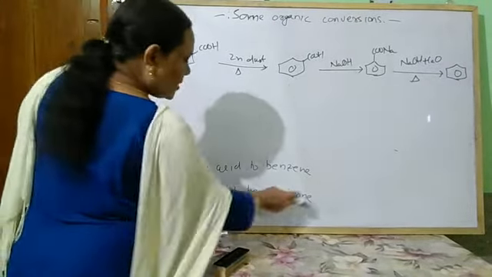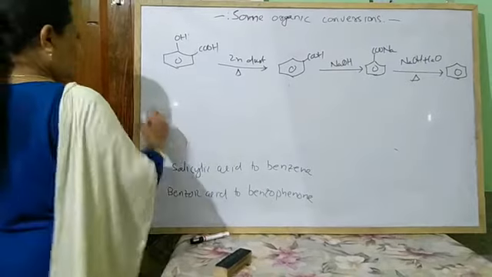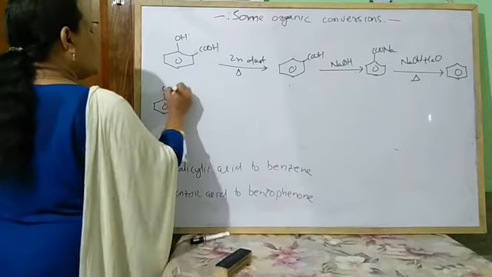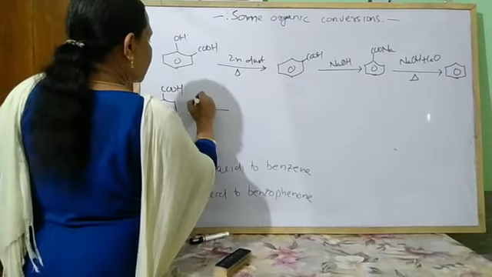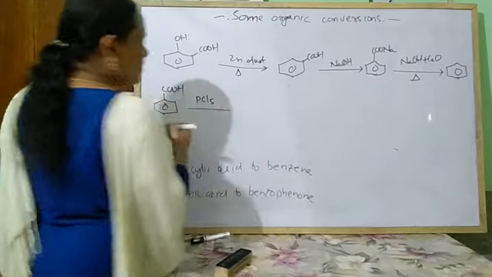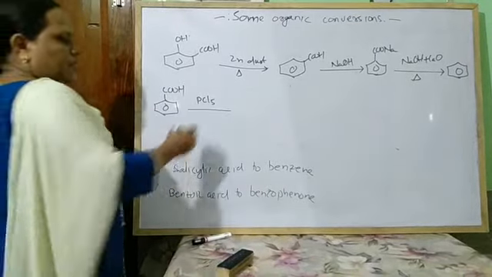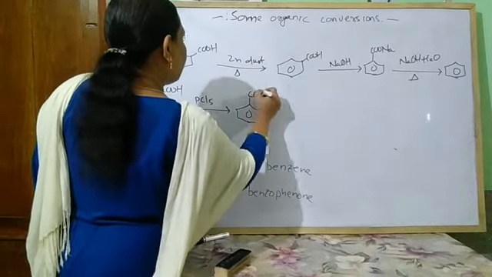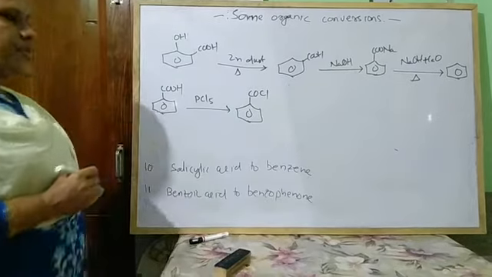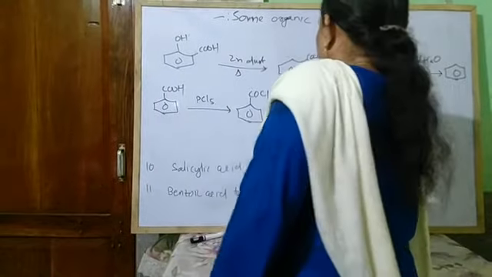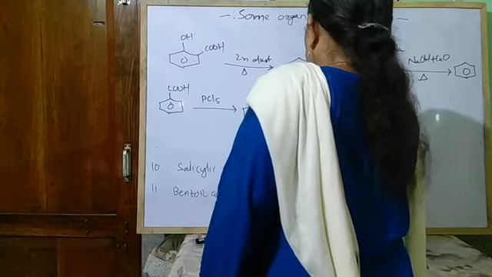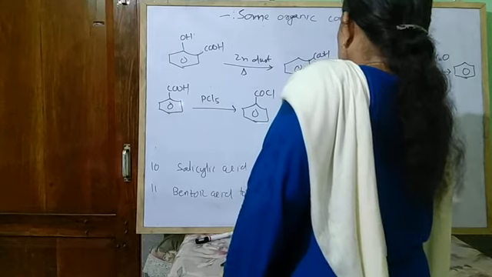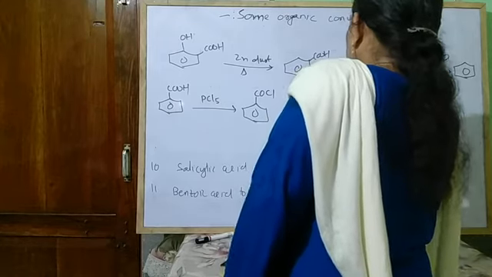Next, benzoic acid to benzophenone. Benzoic acid reacts with either phosphorus pentachloride or thionyl chloride. It forms benzoyl chloride, and this benzoyl chloride reacts with benzene in presence of anhydrous aluminum chloride.